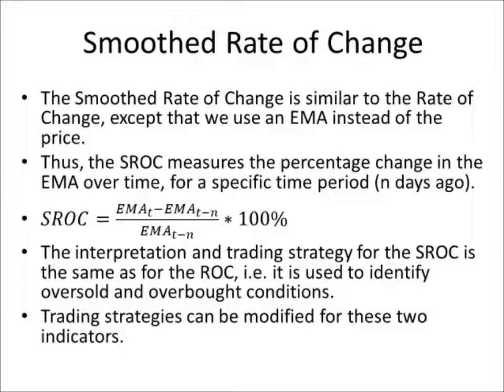There's really no fixed rule when it comes to the rate of change, which is not the case for other indicators. A lot of other indicators have fixed rules, but these can be modified and changed to suit our needs. So when we do trading systems, we'll incorporate these into our trading rules and see what the best way is to use it.